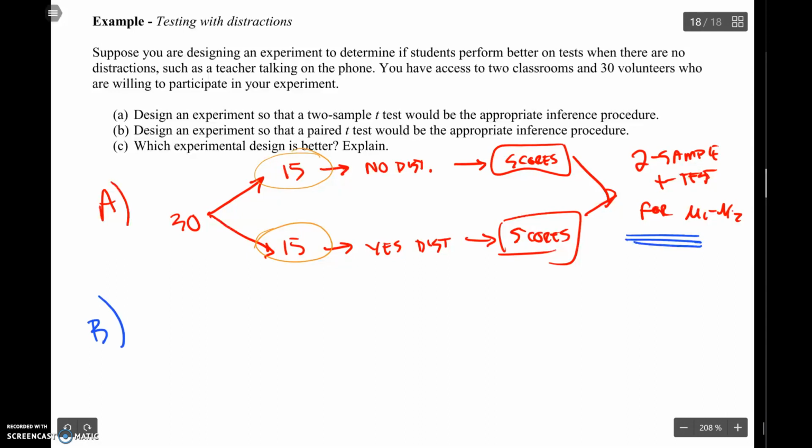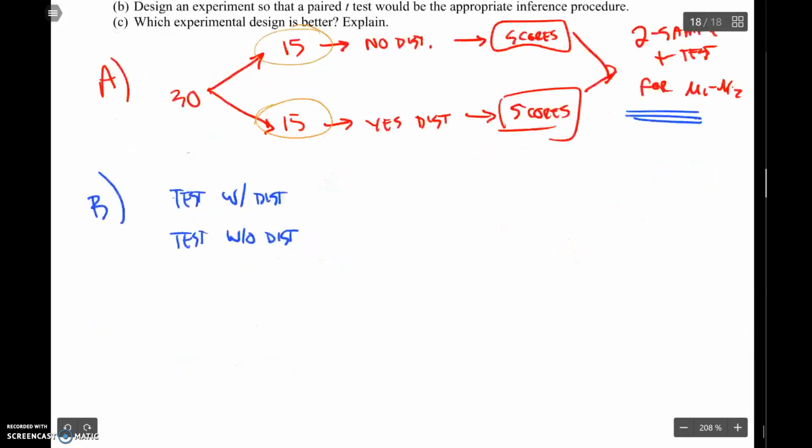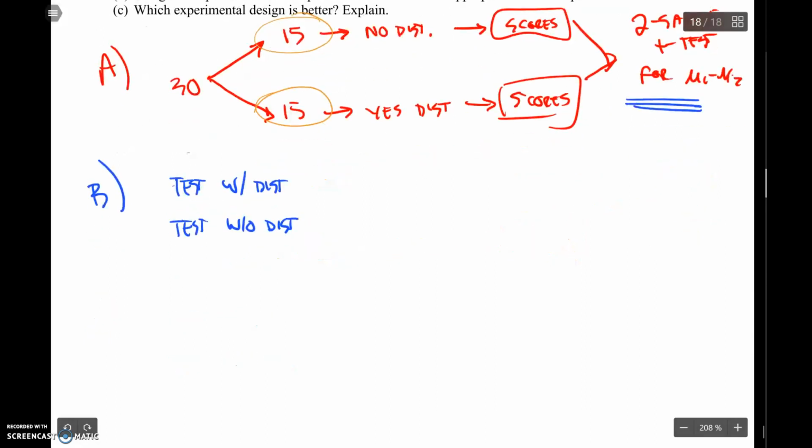B, how would you do a paired t-test? Well, I'd take my 30 kids and I'd give every kid a test with distraction and a test without. I still have to do random assignment though. So what I would do is randomly give 15 the test.